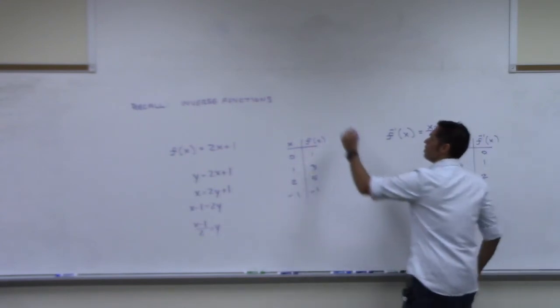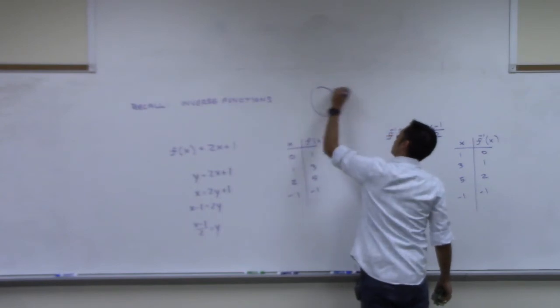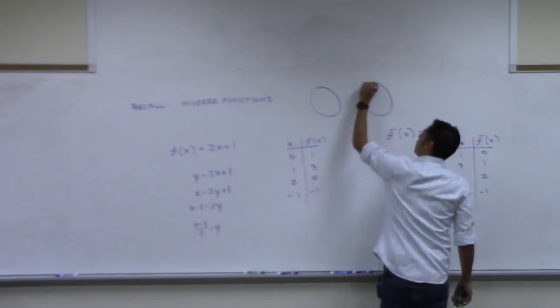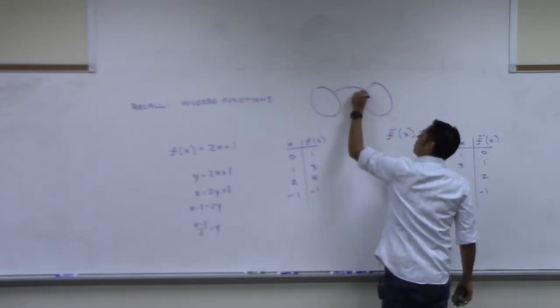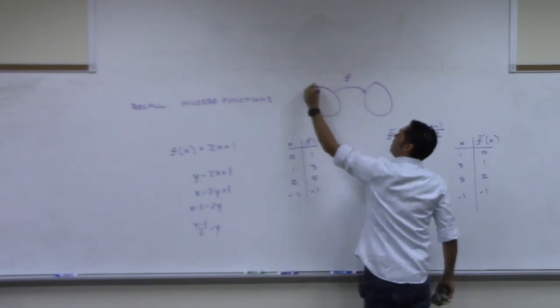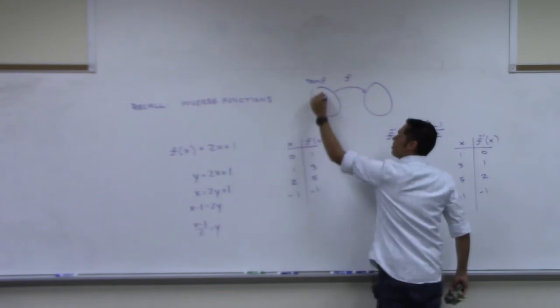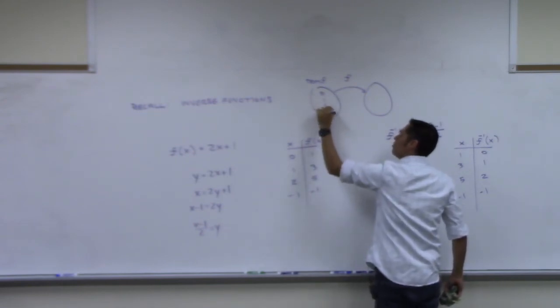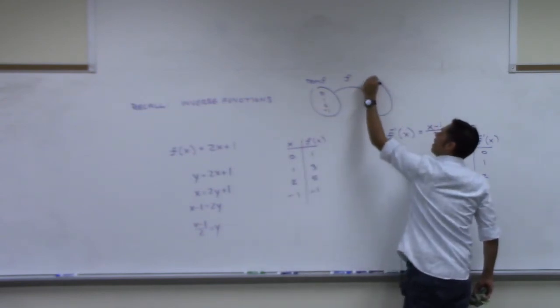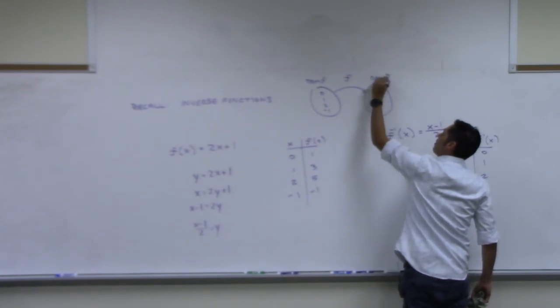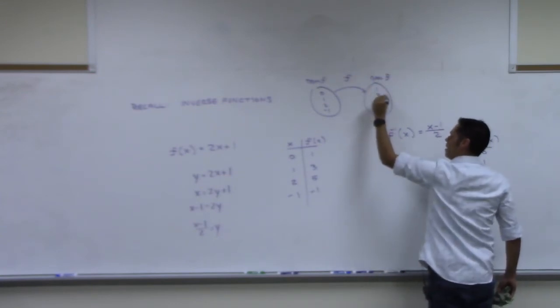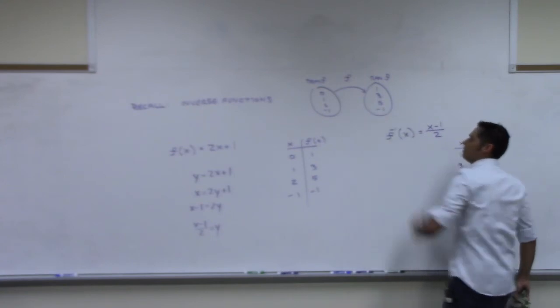If I drew this with a picture, here's how I can look at it. The function f has as its domain these numbers here, 0, 1, 2, -1. And then the range of f was 1, 3, 5, -1.